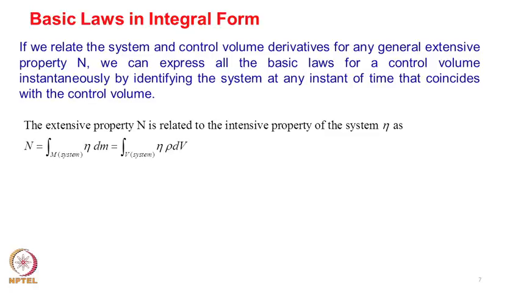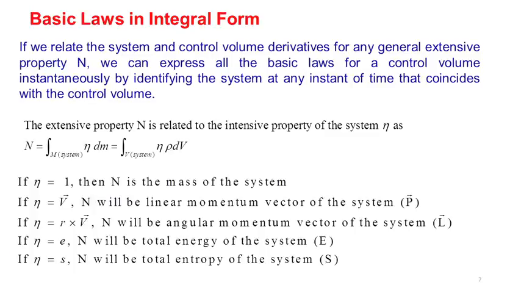Now you can see that by substituting different values for eta you get different governing equations. For example, if you substitute eta equal to 1 here, the resulting corresponding extensive property is actually the mass.